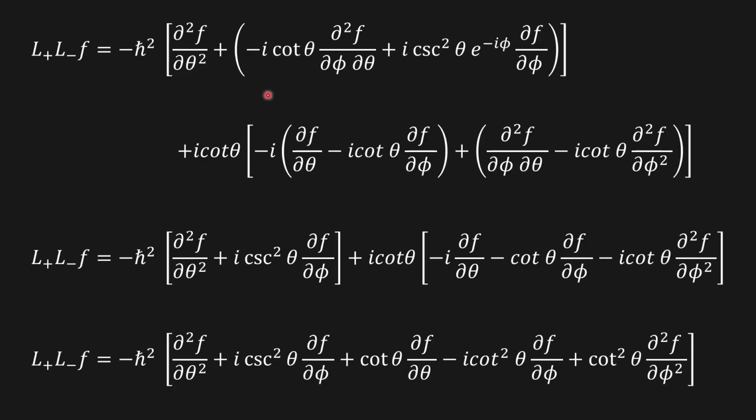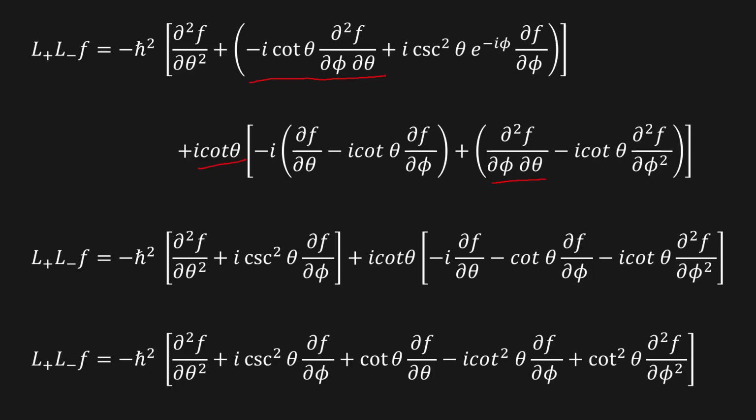After cancelling the exponential term, we got this expression. Here you can carefully analyze and cancel some of the terms. You can see here minus I cot theta delta 2 f over delta pi delta theta. Here you can see this term. Of course, you have to multiply this by I cot theta.